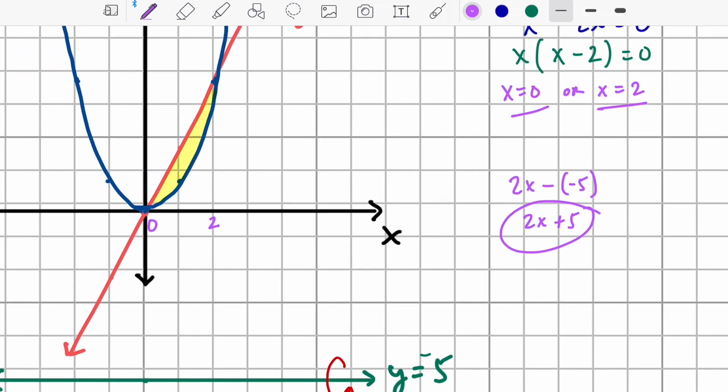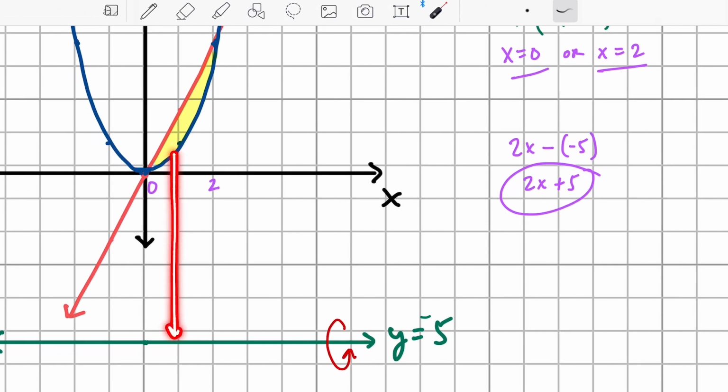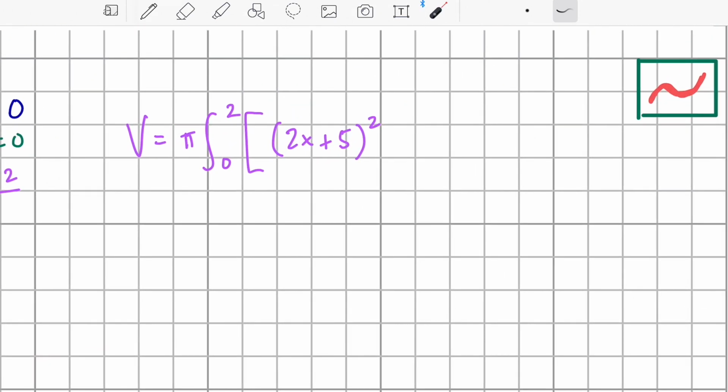We're going to do the same thing for the second function. It's our parabola, which is x squared minus a -5. Again, x squared minus a -5. That would be x squared plus 5. So here it'll be minus, parentheses, x squared plus 5, all of it squared, and then dx.